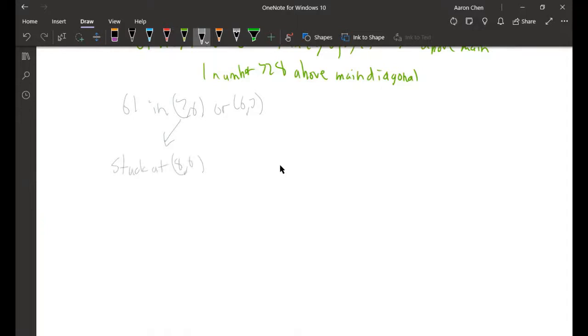And the reason for this is because (8, 6) must contain a number that is between 2 and 59. But at the same time, we can see that this is impossible.